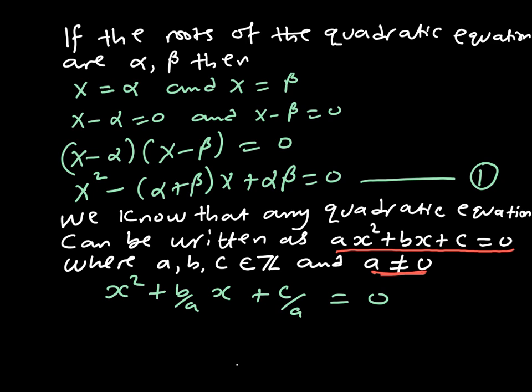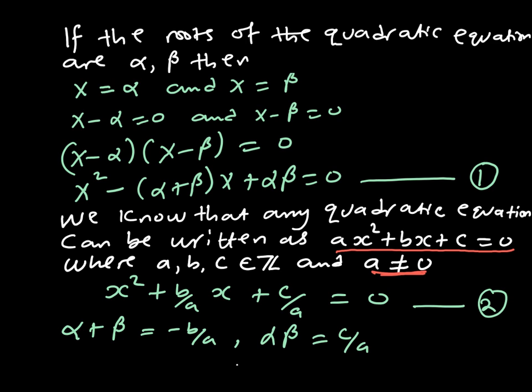Remember last time we said that if you get the roots and add the two roots together, then you get minus b over a. And if you multiply your roots, alpha and beta, you end up with c over a. So we can change this and write it as equation 2.